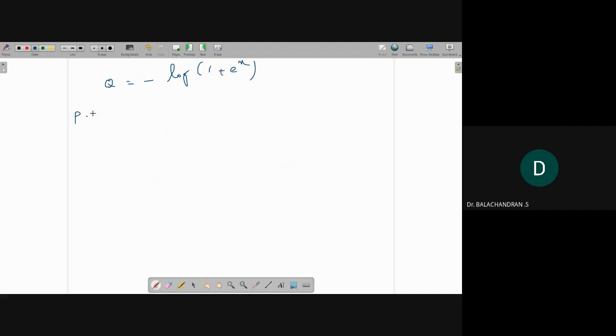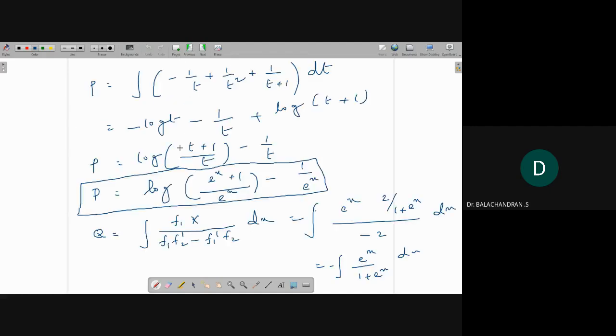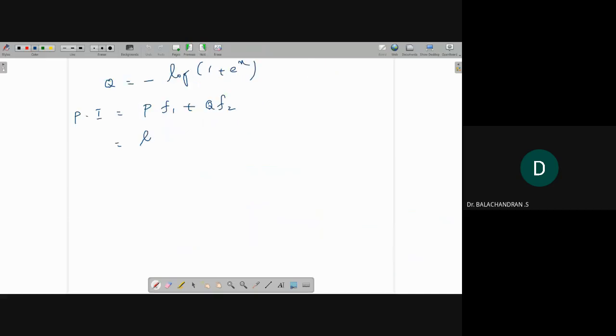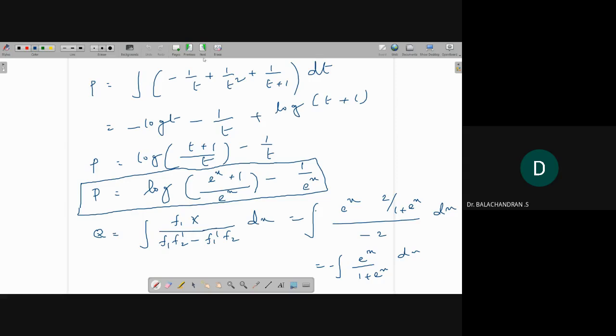So now y equal to P into F1 plus Q into F2. What is P and what is F1? P is log of 1 plus e power x by e power x, minus 1 by e power x.